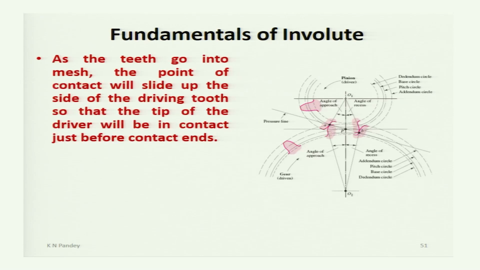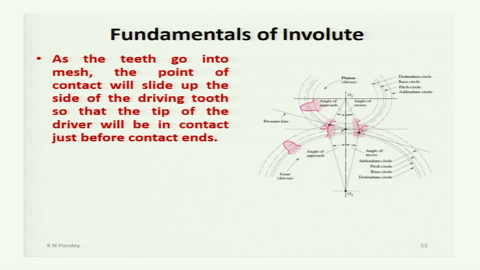As the teeth go into mesh, the point of contact will slide up the side of the driving tooth, so that the tip of the driver will be in contact just before the contact ends. You see, the tip of the driver is in contact with the flank, the bottom part of the driven gear.